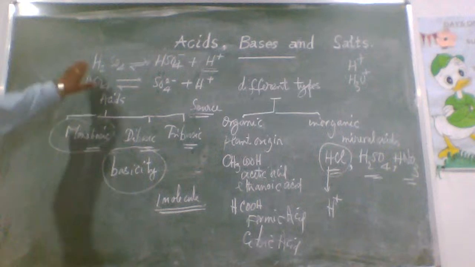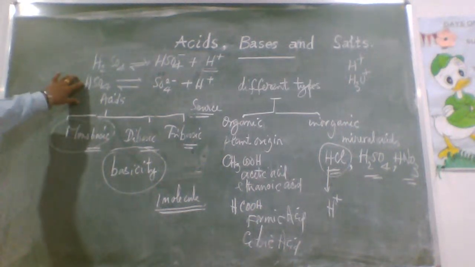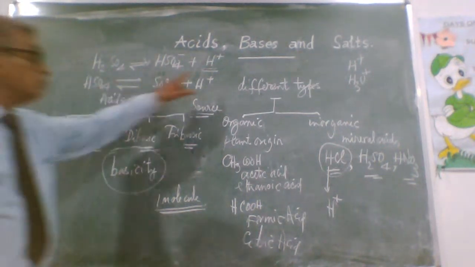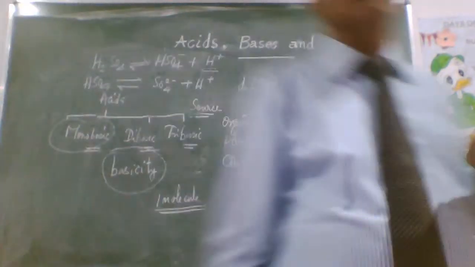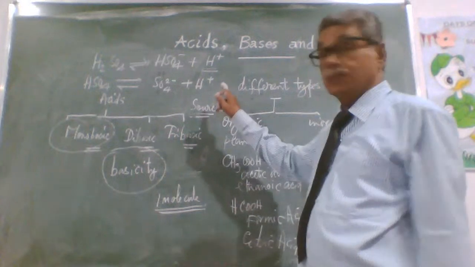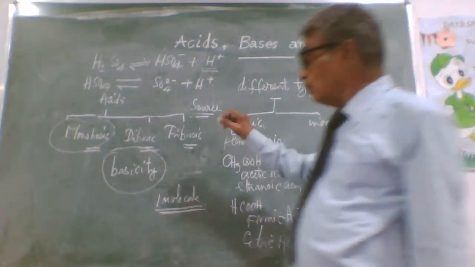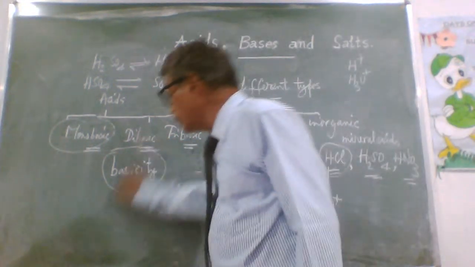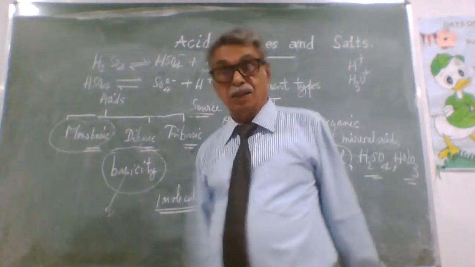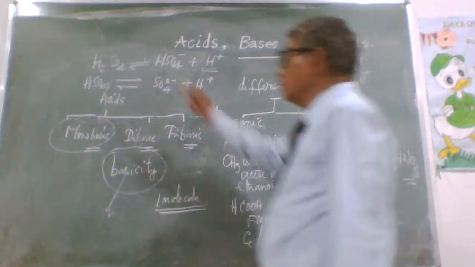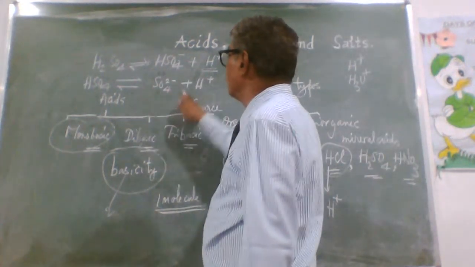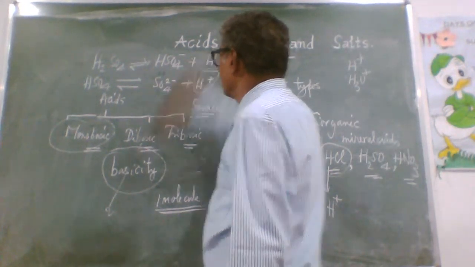So a molecule of sulfuric acid can give two hydrogen ions, and therefore the basicity of sulfuric acid is 2.